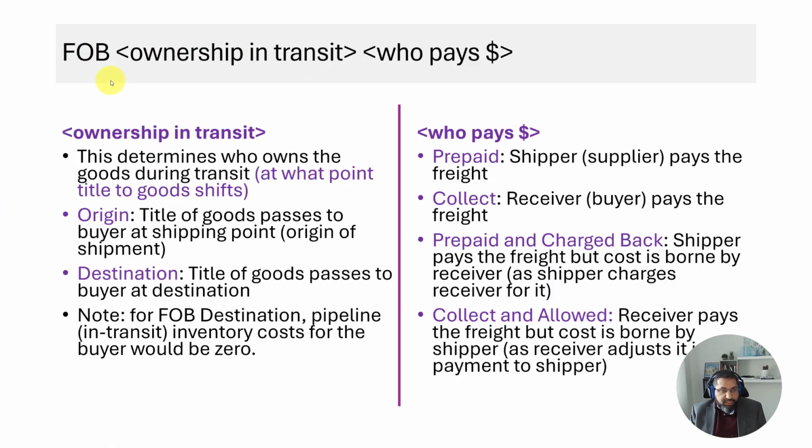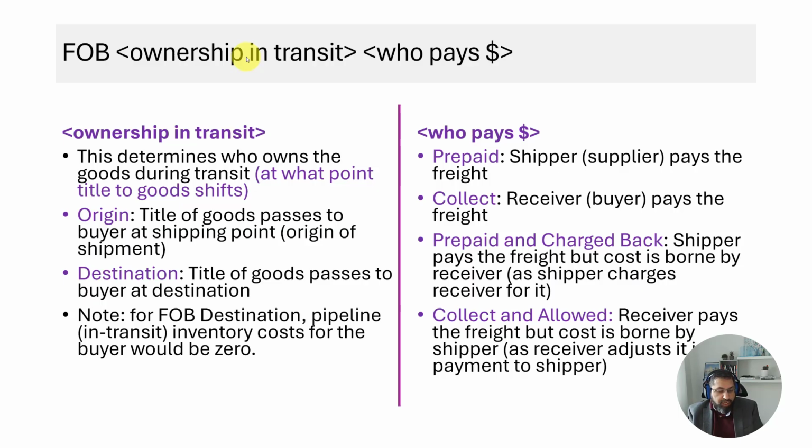So in domestic shipping, the term FOB has two things that come after it. The first term that comes after FOB specifies who owns the goods in transit. So if the supplier ships goods via rail or truck or a waterway, like along a river on a barge, and natural disaster strikes and your goods get destroyed, who owned the goods in transit?